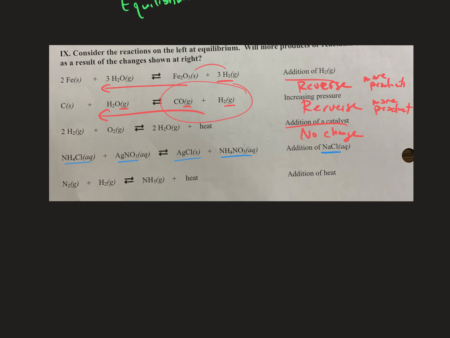It's a precipitation reaction, because it's a double replacement reaction, that's what you were saying, right, Andrew? Double replacement reaction, and it produces a solid, okay? So we have this aqueous solution here, and what happens when we throw salt in water? It dissociates, right? So the salt will turn into sodium ions and chloride ions.